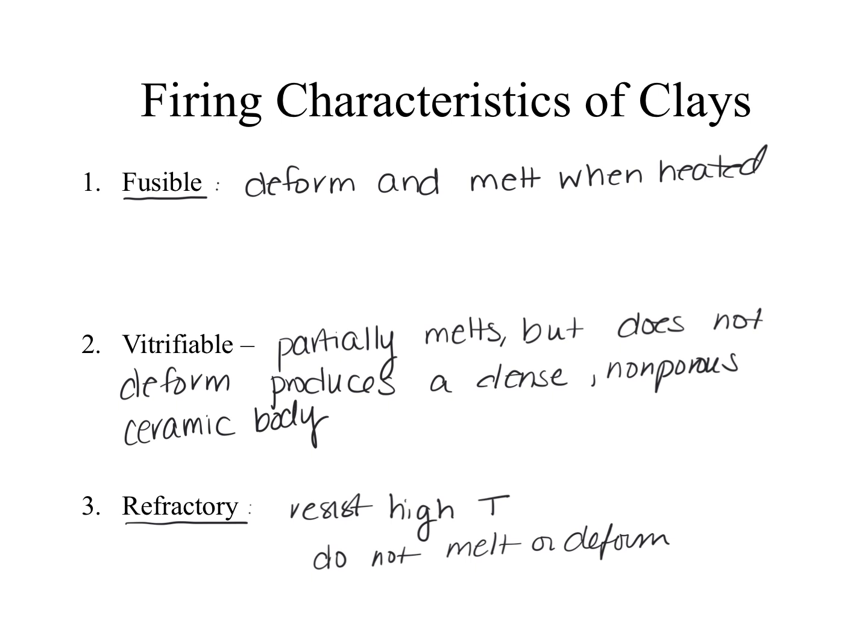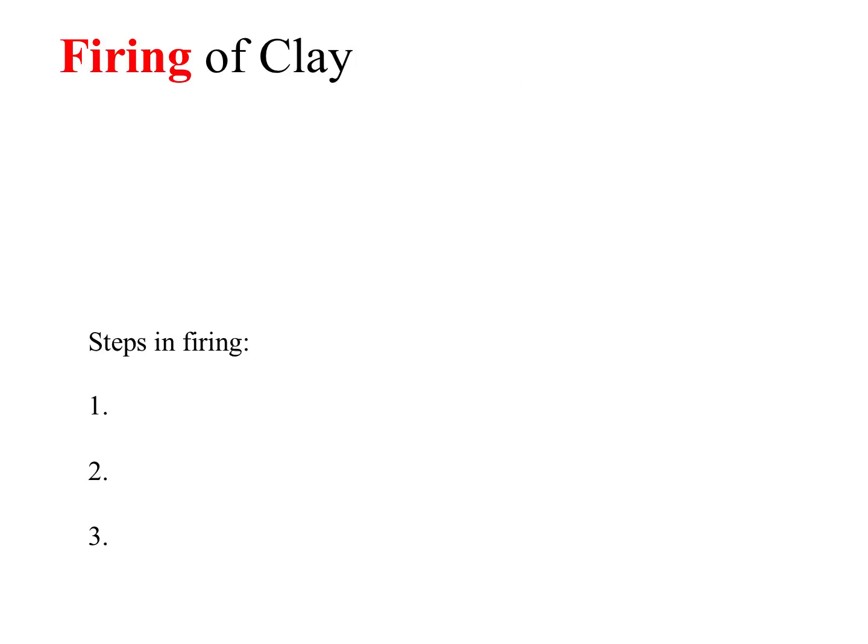So now that we've defined some things about firing clays, let's talk about the process of firing clays. Now, this was first done over just open flame, but now we use ovens or kilns for firing.